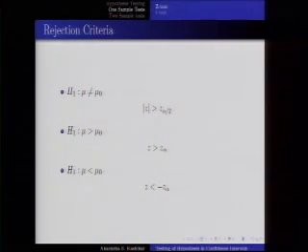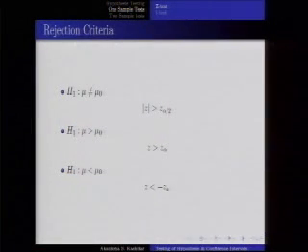Then I would be rejecting values of Z which are very small as well as those which are very large. My rejection region is on both sides because I have a two-tailed H1. So my rejection criterion would be mod Z greater than Z alpha by 2. If I have too small a value, I would reject; if I have too large a value, then also I would reject.